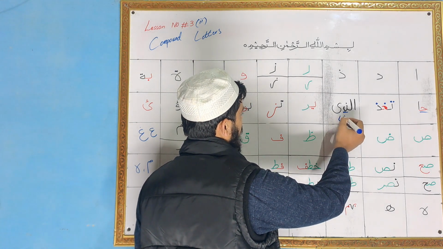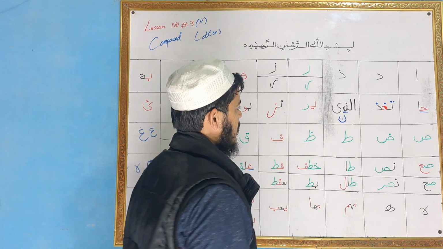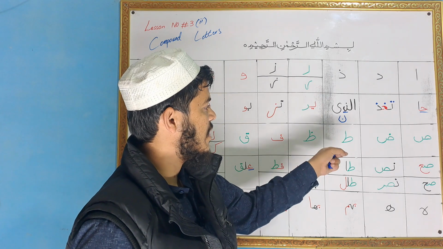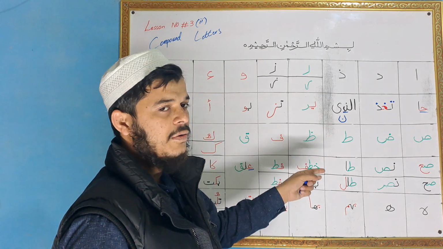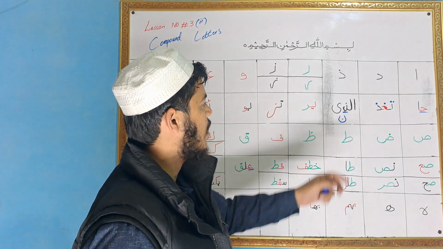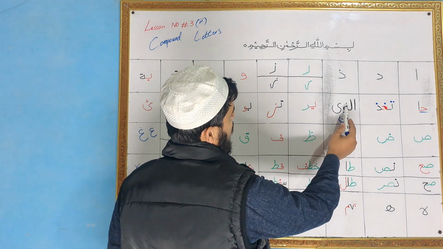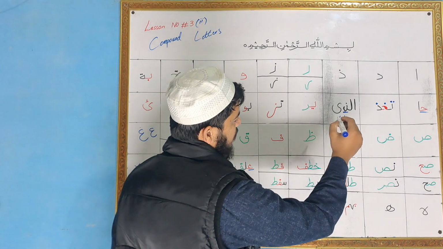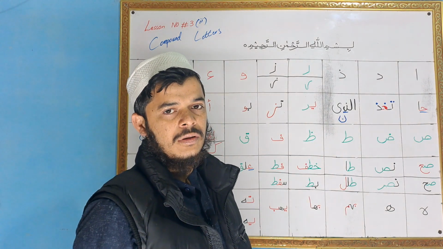They think it's noon, but noon will be like this. It will have one dot in the center when it comes at the end, and zal has the dot on the corner and it is smaller and more curved.